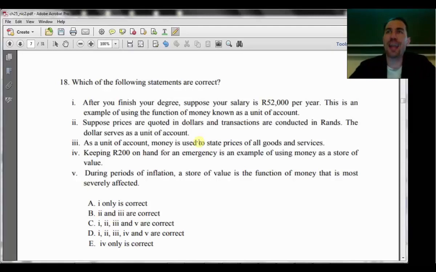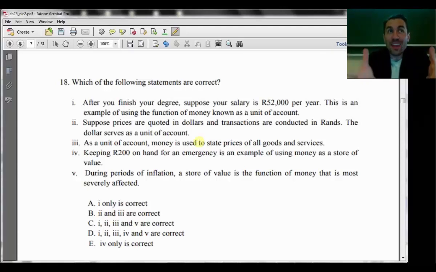So if I tell you my salary is 52,000 Rand per year, what am I telling you? I'm telling you the price of my labor. So if I'm telling you the price of my labor, I'm using money as unit of account.